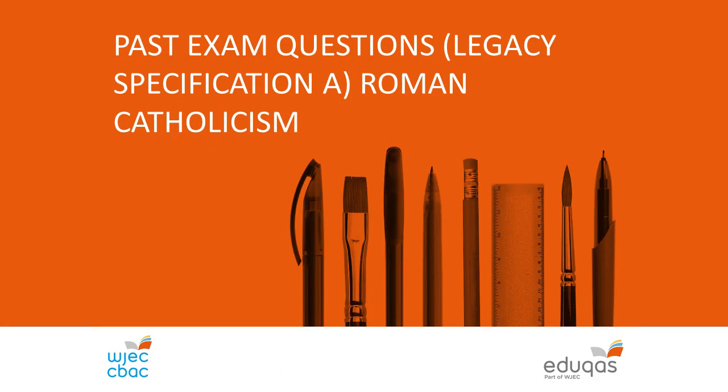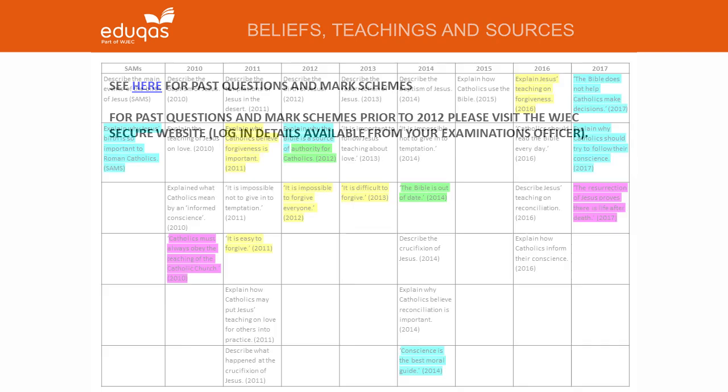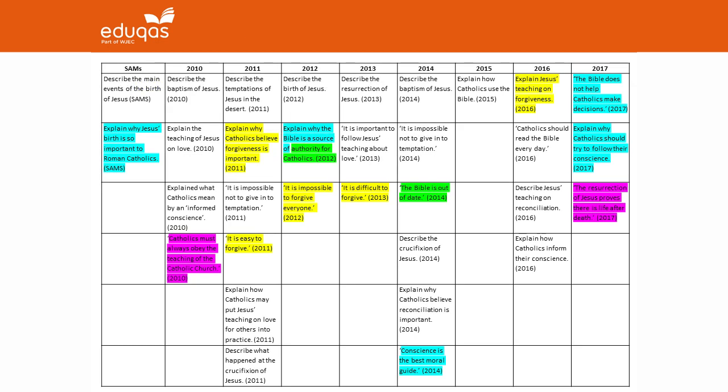Past paper questions. We cannot produce more sample assessment materials because we need to keep questions for the live exam papers. However, the WJEC website contains many hundreds of past paper questions and mark schemes from our legacy specifications.